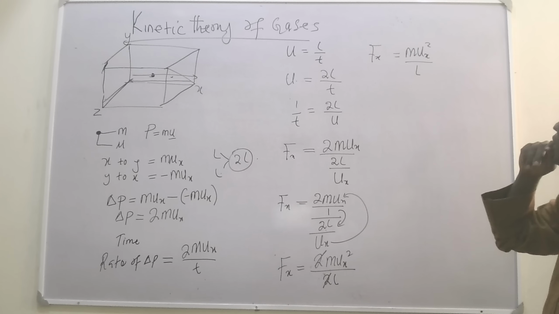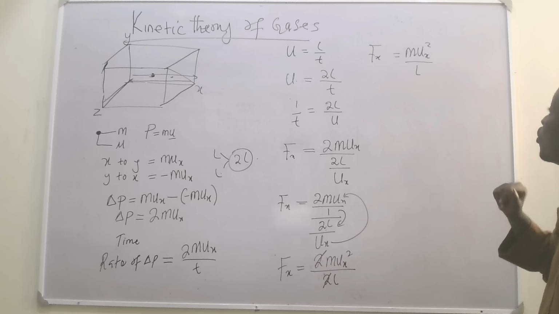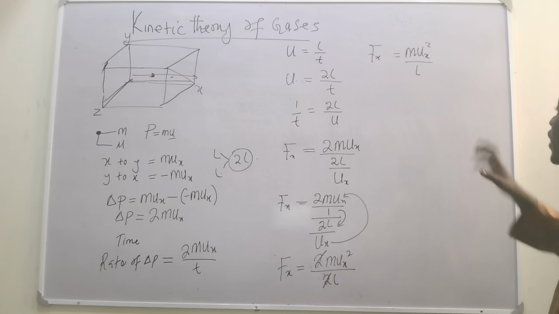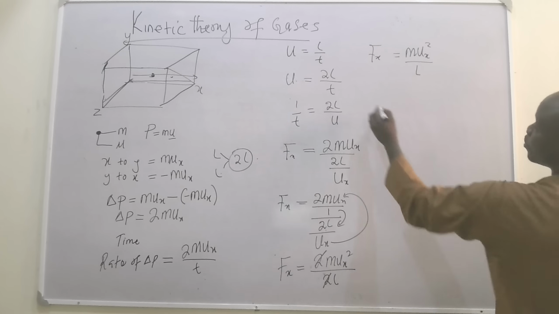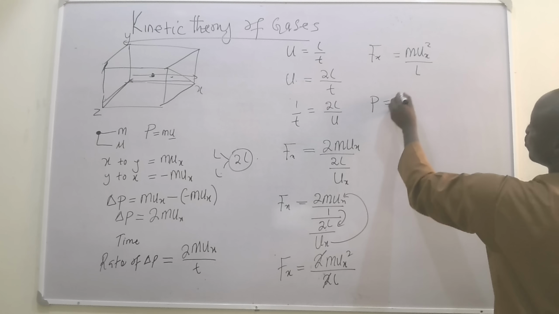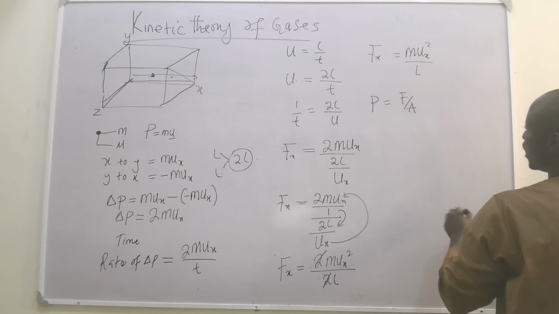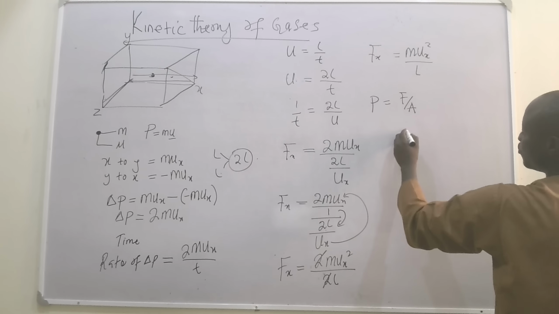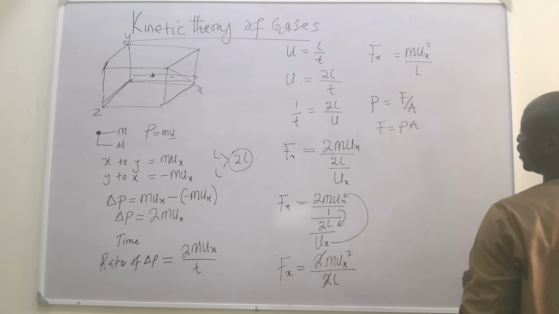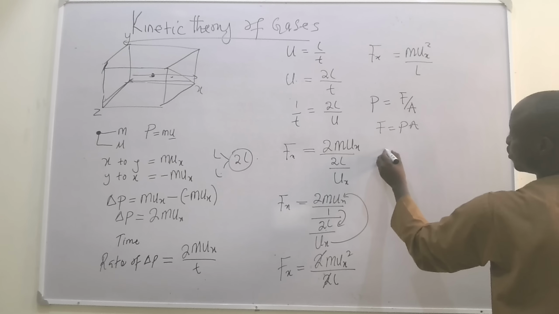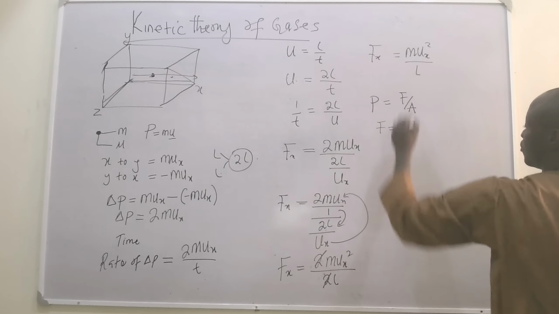So what next? Now we knew that pressure is equal to force divided by area. So we can now make F the subject of the formula by saying F is equal to pressure times area. So now we can substitute f of x.